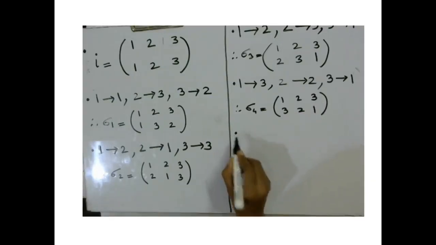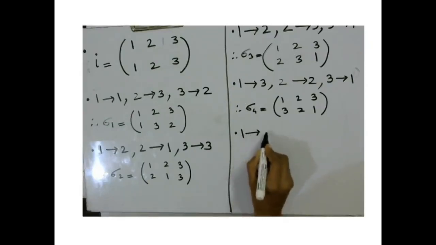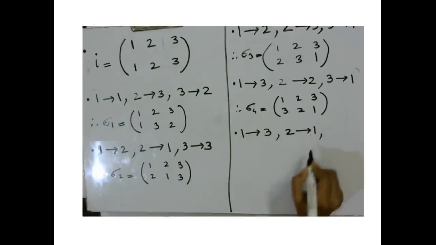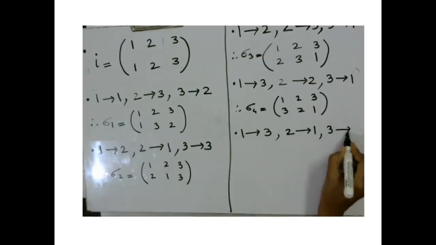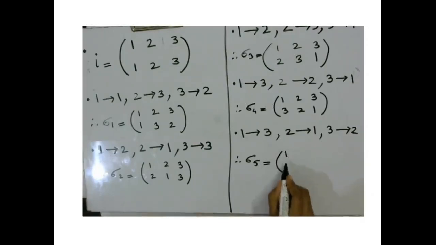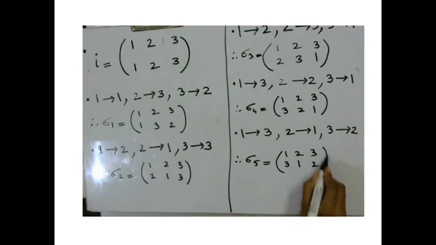And finally, the other choice of sigma of 2 when 1 maps to 3 is 2 mapping to 1, and in this case 3 will map to 2, and therefore sigma 5, the last permutation, will be 1 mapping to 3, 2 mapping to 1, 3 mapping to 2.